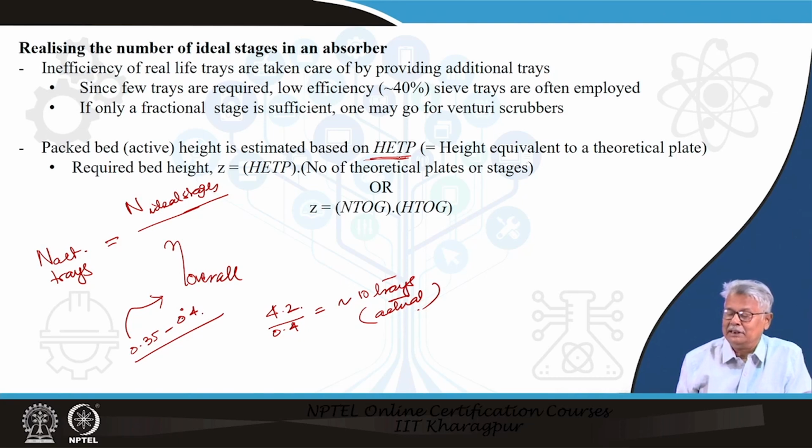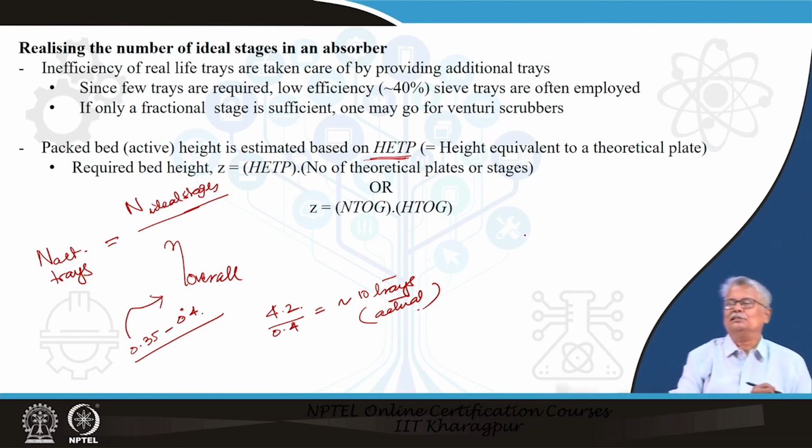What does it mean? It means basically what exactly is the depth of packing required to provide one ideal stage of contact. We know 4.2 in this particular case has been the total number of ideal stages.